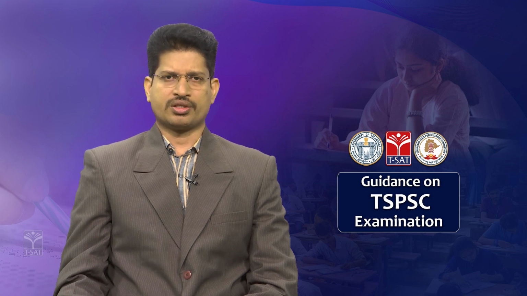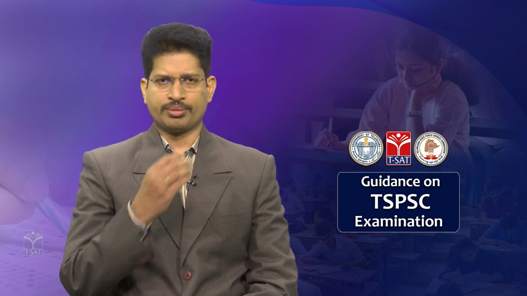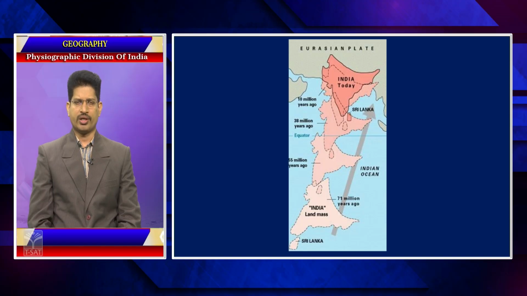For example, take the case of India. When India was initially formed, it was not in contact with Eurasia. It is the result of drifting from the great continent Gondwana.